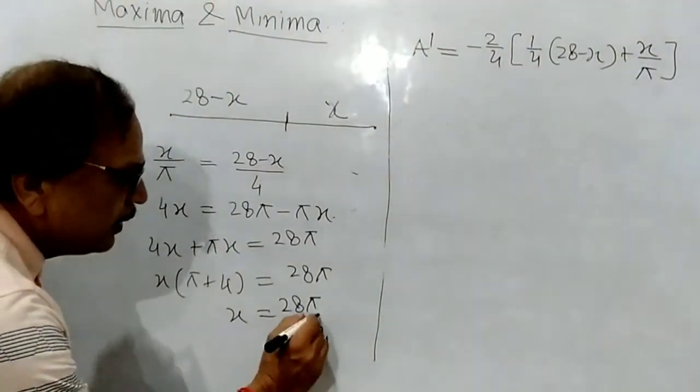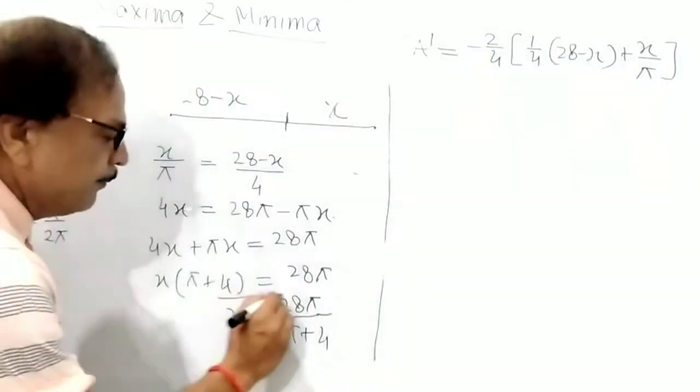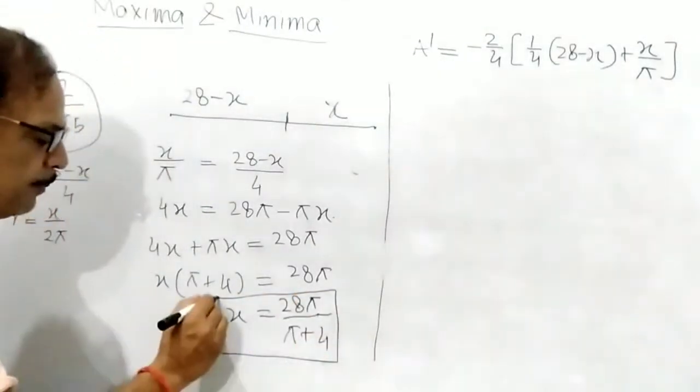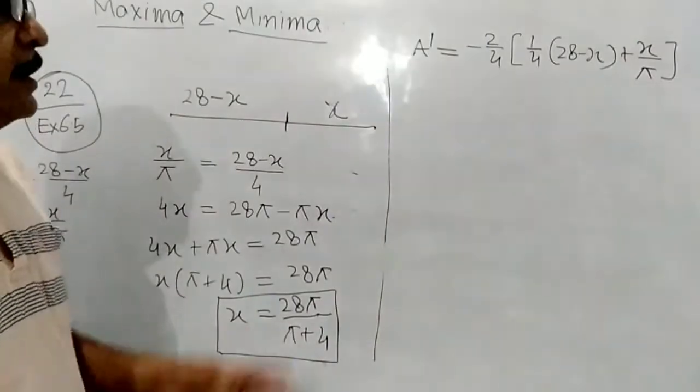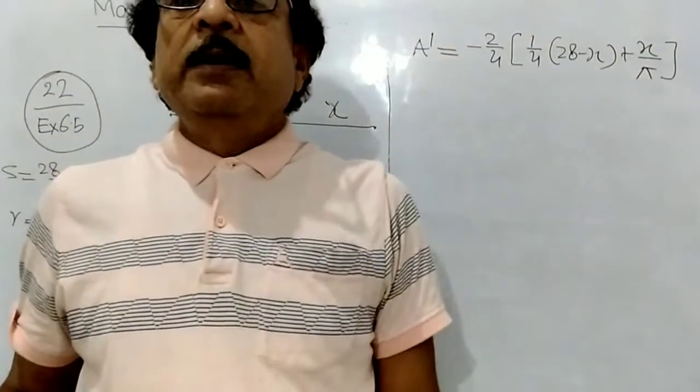This will be the value of the first side. At this the combined area will be minimum.